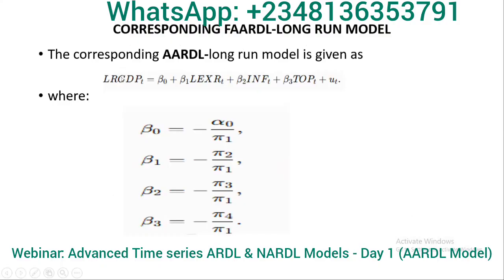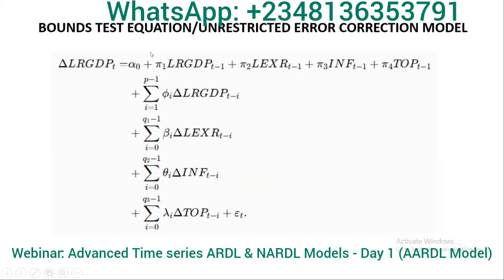You can say this is the long run model. So we have where this intercept here means the alpha naught divided by pi 1.